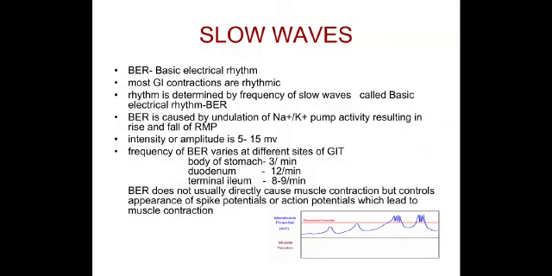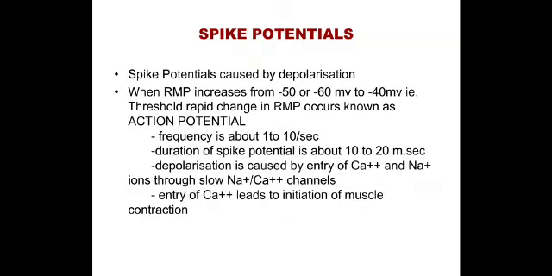BER does not usually directly cause muscle contraction, but controls the appearance of the spike potential or action potential, which leads to muscle contraction. The spike potential is caused by depolarization. The smooth muscle has an unstable resting membrane potential and obeys the property of plasticity.